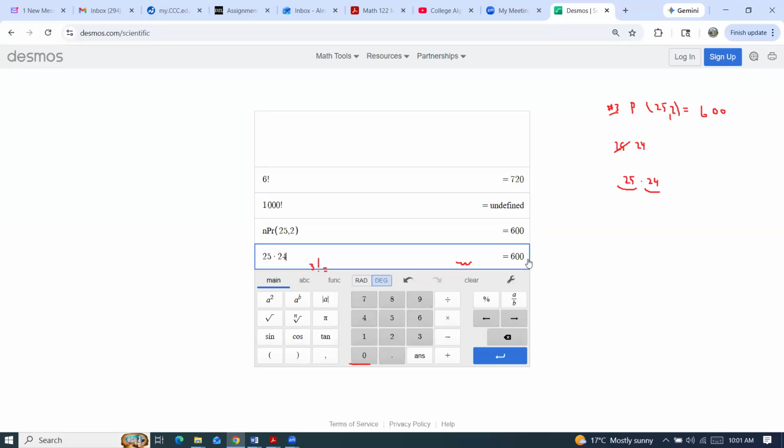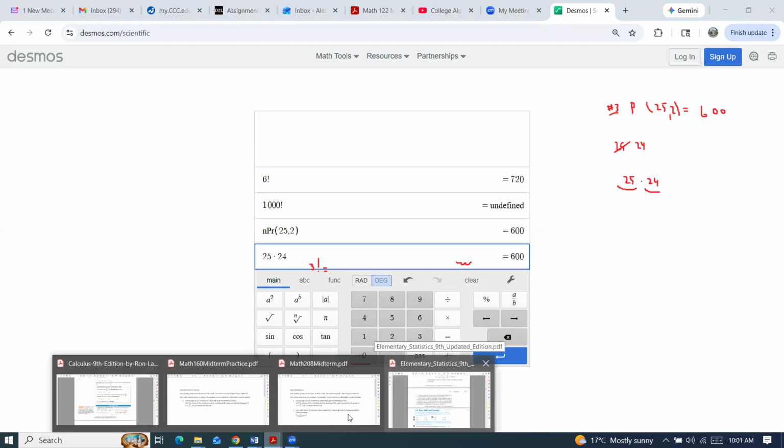So number of permutations shows you how many selections you have to choose from, in this case, 25 numbers. And similarly, for all of the other possibilities, so we can try another exercise here.